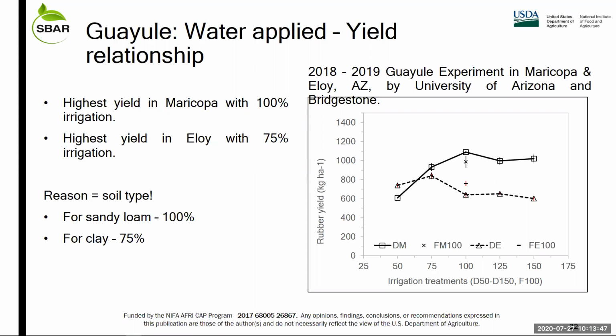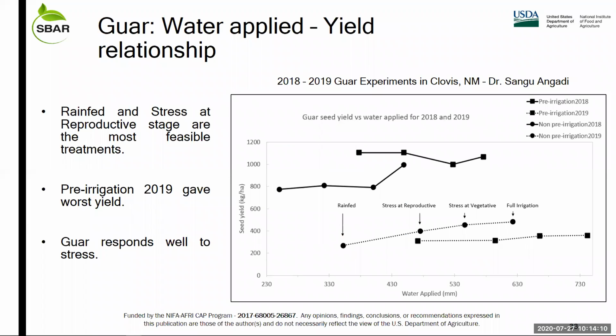Yield coming from Eloy is at 75%, which means that there is a difference in soil type. For clay soil, which is at Eloy, we are getting good enough yield within 75% of the water given. However, Maricopa compared to Eloy. In the next slide, I have similar results for GWAR.